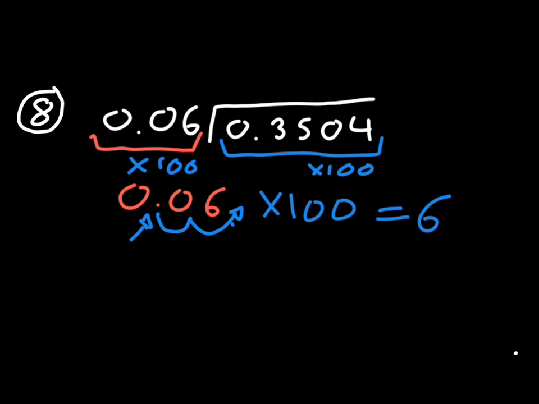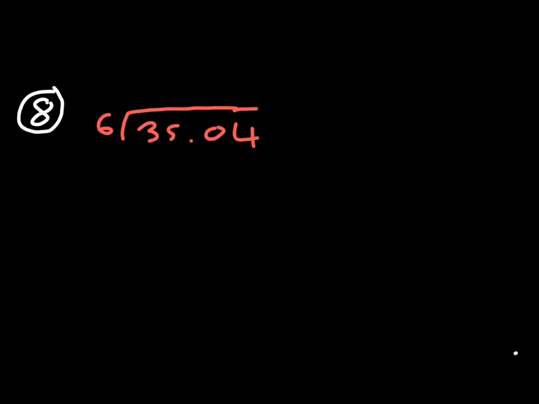So if we multiply this number by 100, the decimal place will move once and twice, and we will get 35.04. I have now rewritten our question with our divisor being a whole number. It is now a lot easier to divide 35.04 by 6. And we can now start with our dividing.